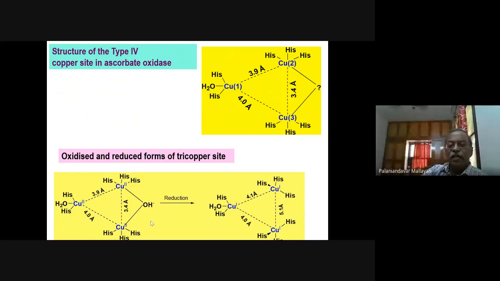Anyway, I will spend some time towards the end of my lecture on how this is involved in activating molecular oxygen. This just tells you that the type 4 site can be considered a mixture, an assembly of type 2 and type 3 sites. But conveniently, we can also say they are all multi-copper oxidases, that's type 4.